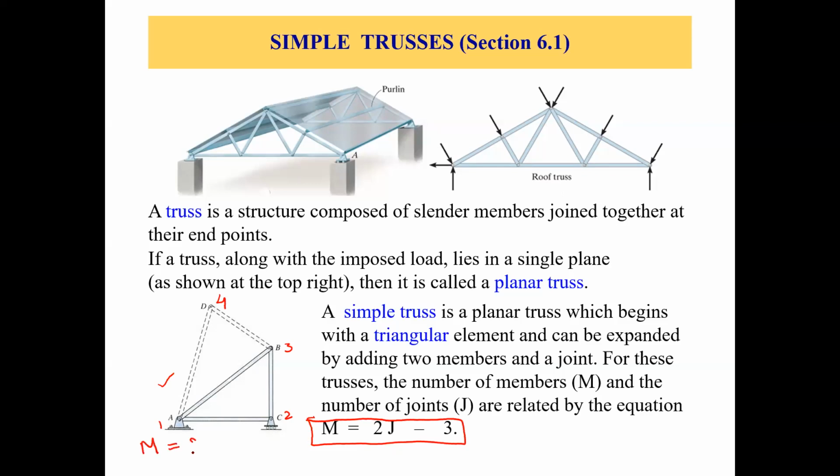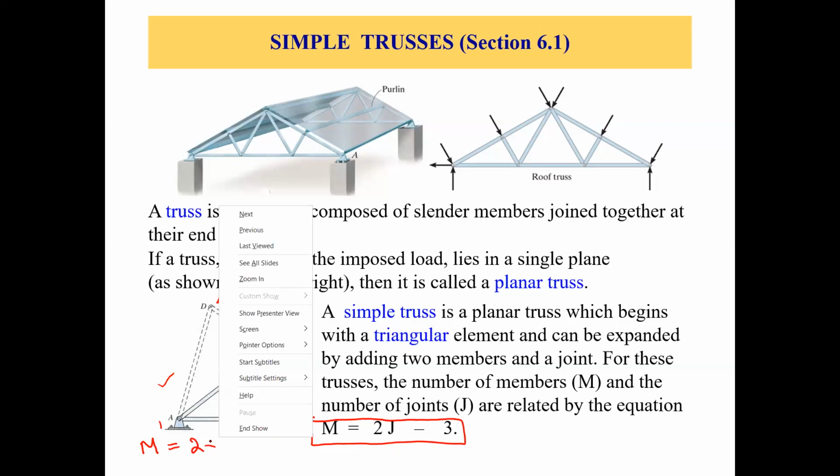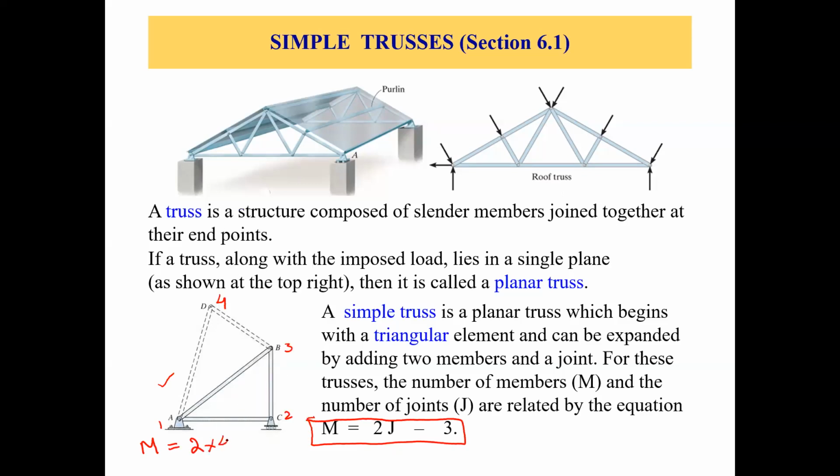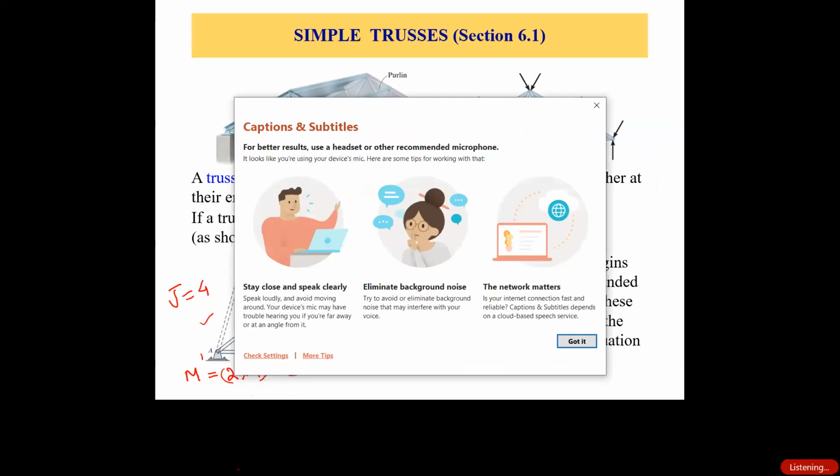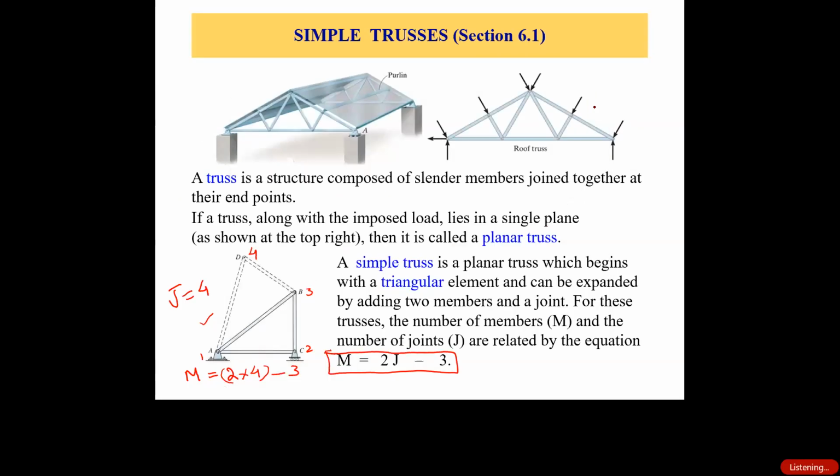M equals 2 times 4 minus 3, because J equals 4. So what do we get?